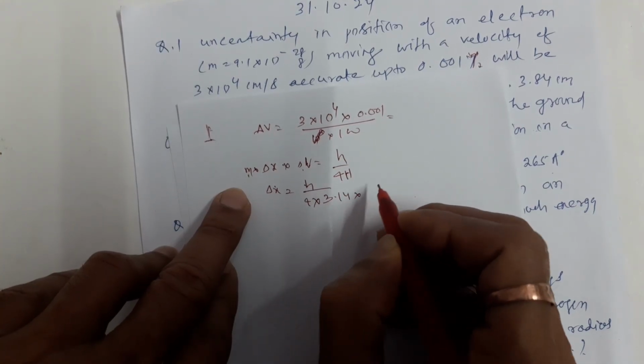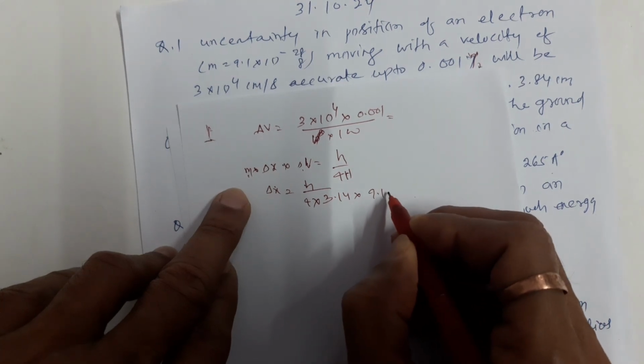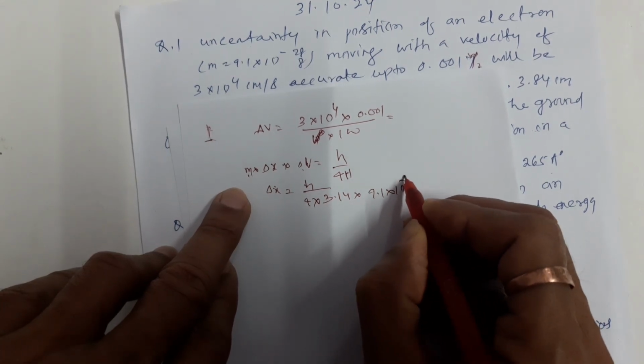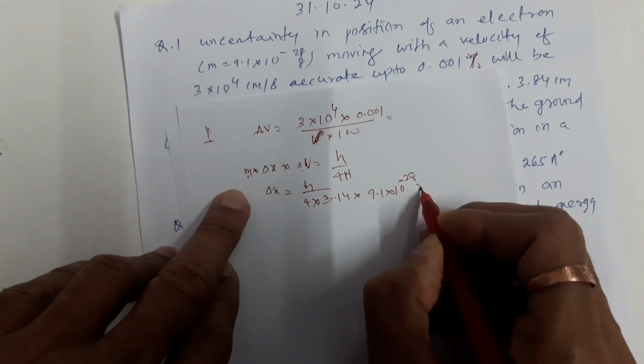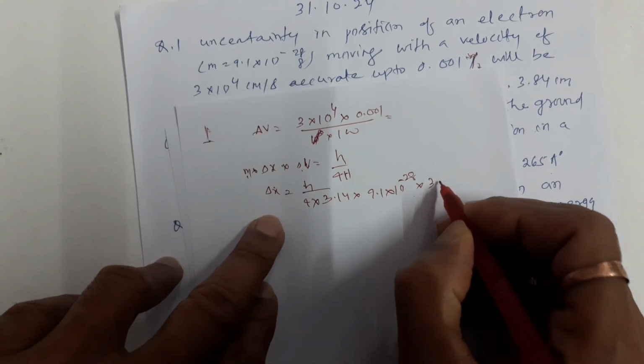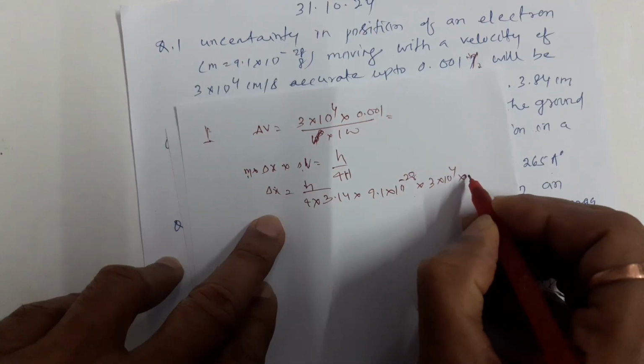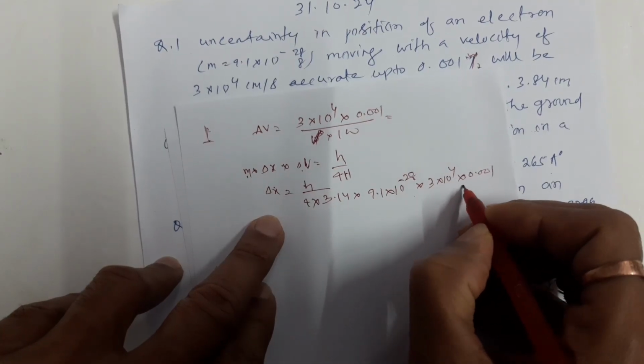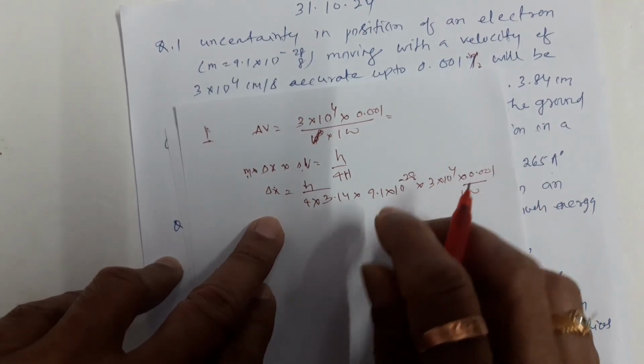So delta x you will find as h by 4 pi, 3.14, multiplied by the mass 9.1 multiplied by 10 to the minus 28 gram, then your velocity 3 multiplied by 10 to the 4, multiplied by 0.001 divided by 100.